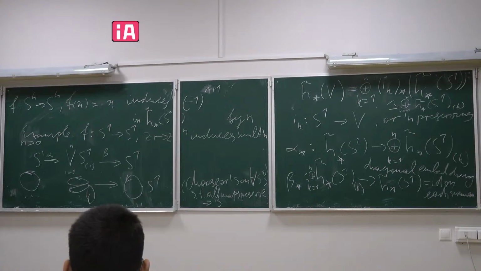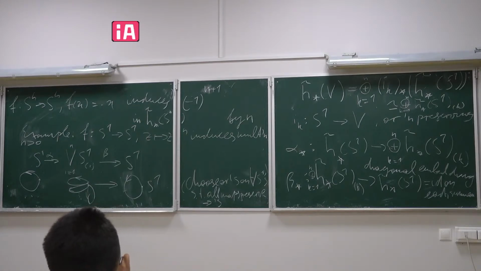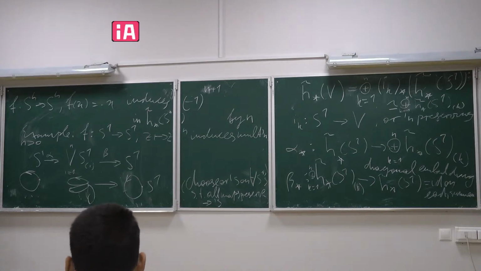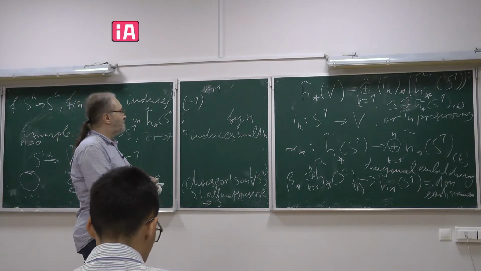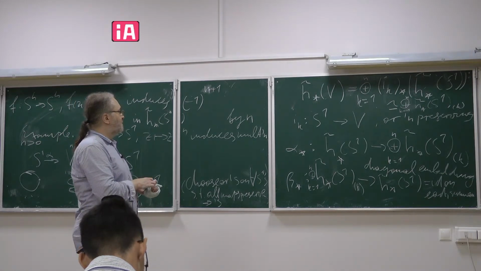Why is it a diagonal embedding? Say again? Why is the map from the homology of one sphere to the homology of the wedge a diagonal embedding?